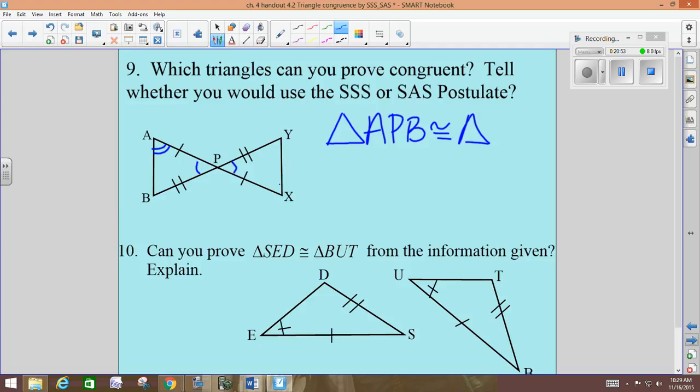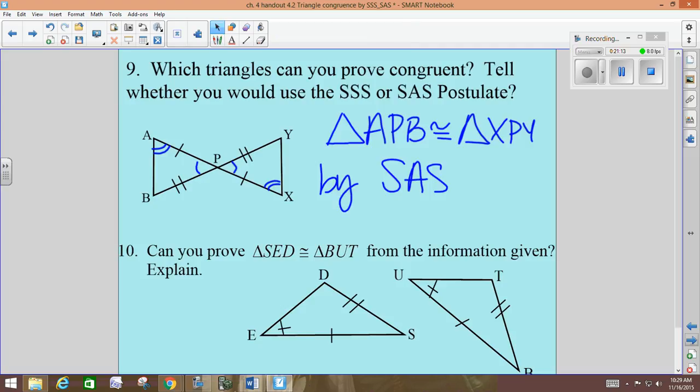It's X. Good. Angle A is on the side with one tick mark. Angle X goes with the one tick mark. So those two would be the corresponding. And then P is obviously congruent with P and then Y at the end. And we use the side, angle, side postulate. You have to watch the triangles. They flip them, turn them, twist them.